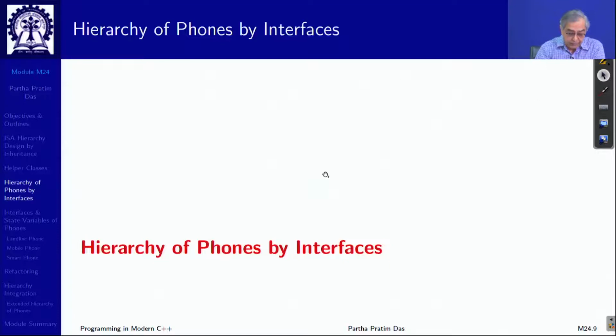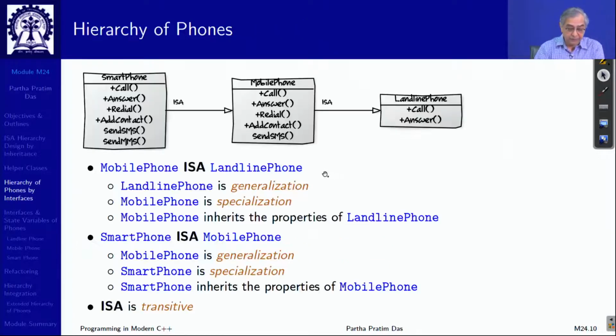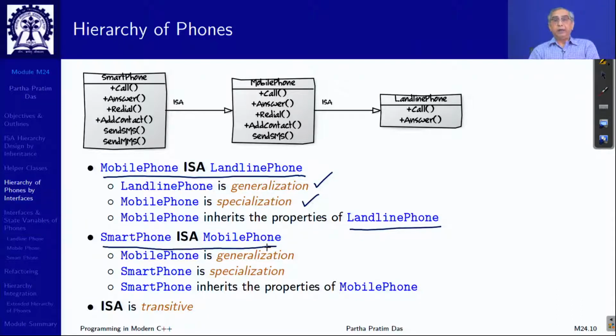Then I go to defining the hierarchy of phone by interfaces. So, the basic hierarchy, the ISA relationship that I have: this is what we have done earlier. Mobile phone is a landline phone. So, landline is a generalization, mobile is a specialization; it inherits the properties of the landline phone. Similarly, smartphone is a mobile phone.